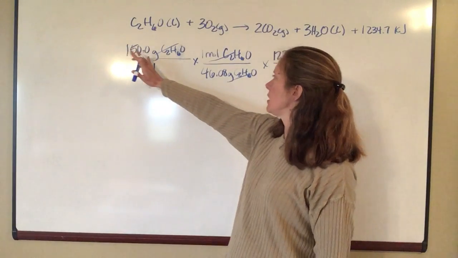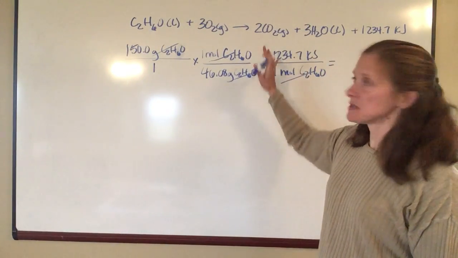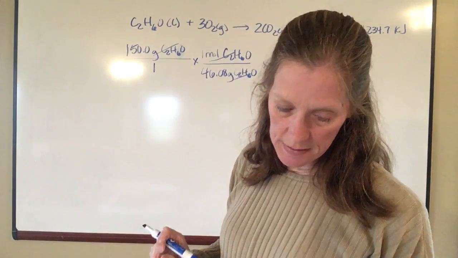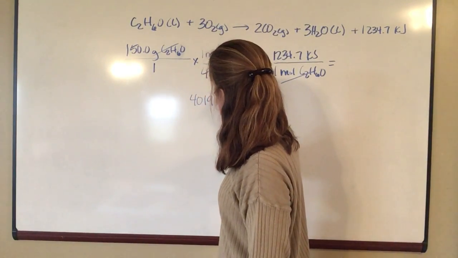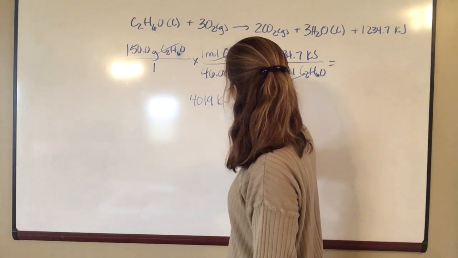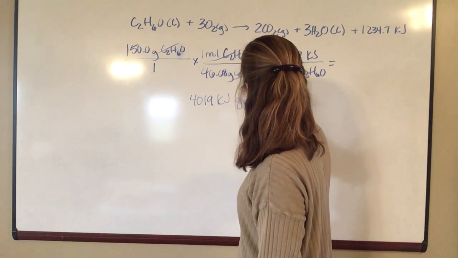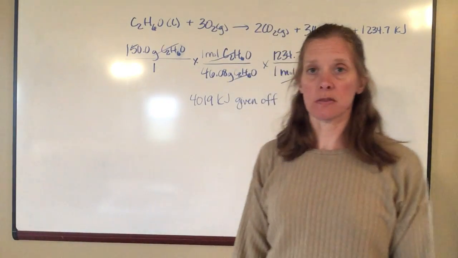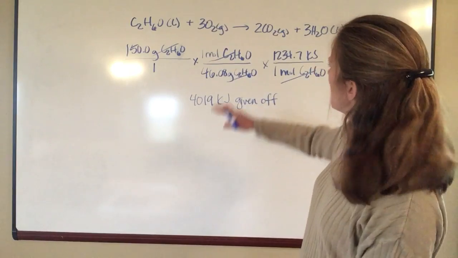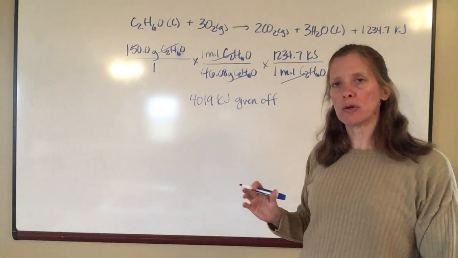So 150 divided by 46.08 times 1234.7 will give me 4,019 kilojoules of energy that are given off in this reaction from the initial 150 grams of ethanol. Okay, so that's what it looks like for an exothermic reaction.